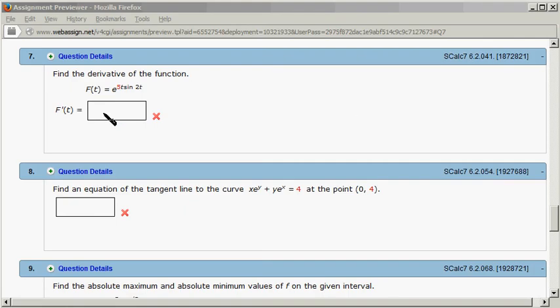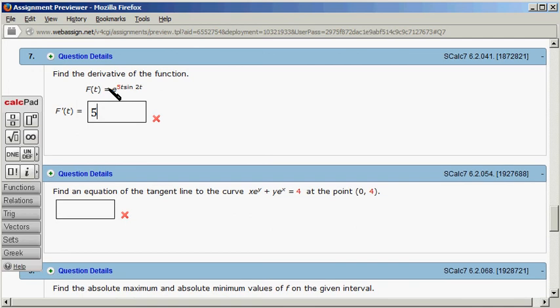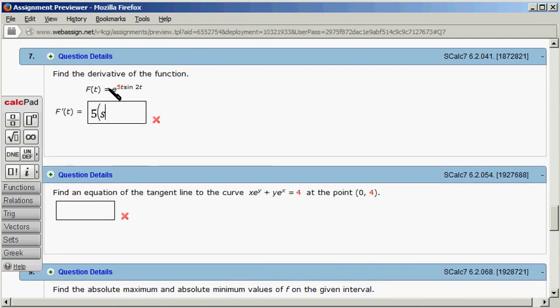So what we found was 5 times sine of 2t plus 2t cosine of 2t.